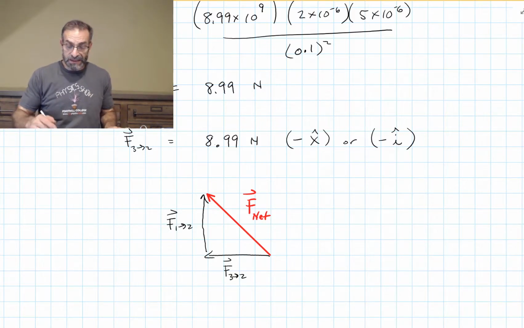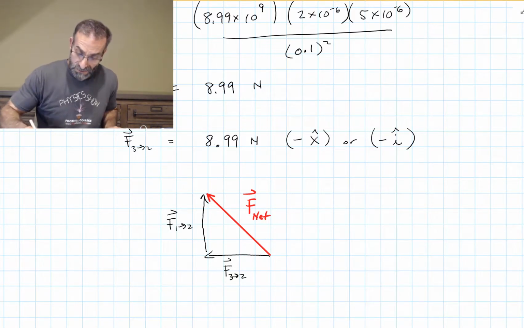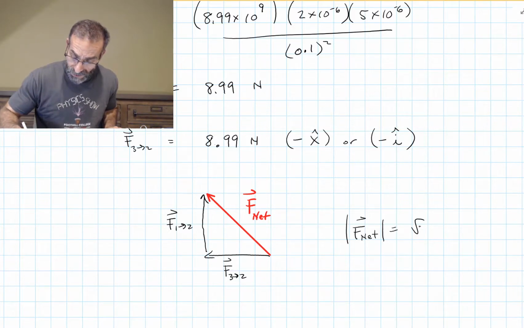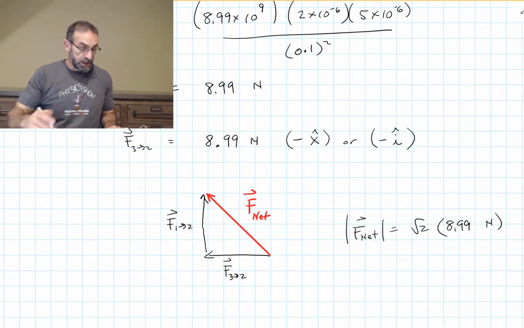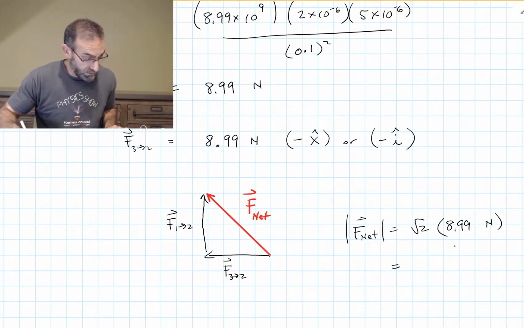So we would have a magnitude of the square root of 2 times 8.99 newtons, and the direction would be at that 45-degree angle.